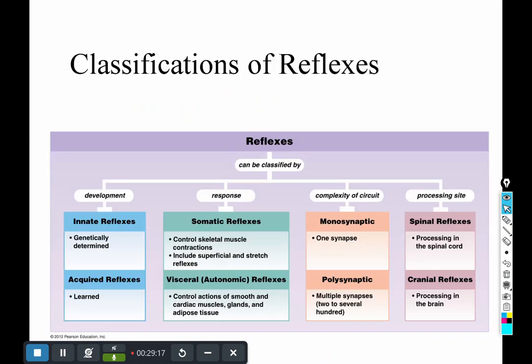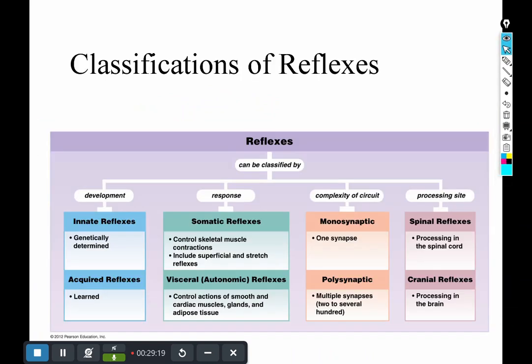Okay, so how do we classify reflexes? There's lots of different ways. So each of these little titles is one scheme or feature by which they can be classified. So development means are they innate, which means they are determined genetically and passed down, or are they acquired, meaning learned at some point.